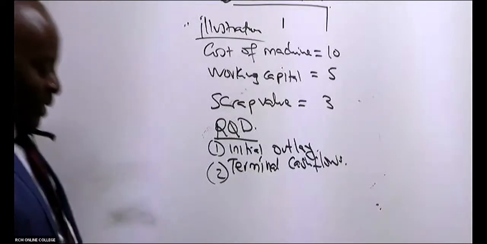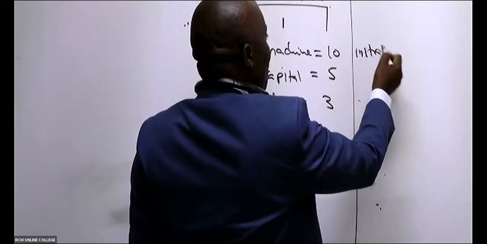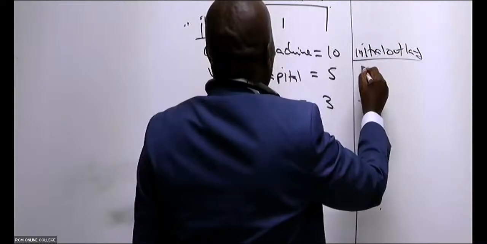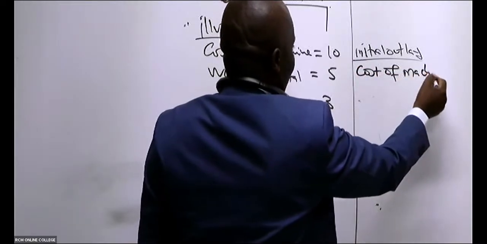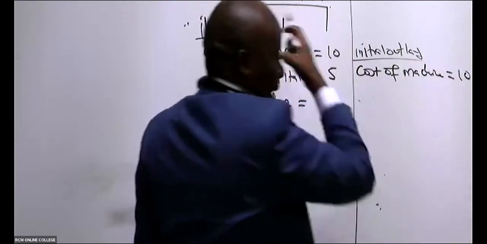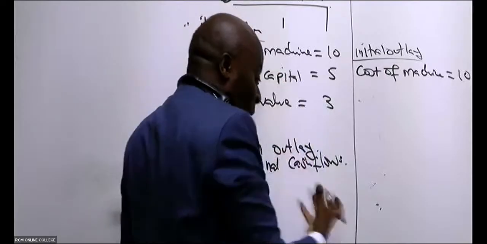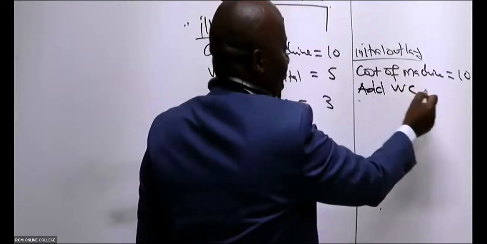So initial outlay, let me do the first one for you. In this particular case, ladies and gentlemen, it will be the cost of the machine. Of course, initially I will be required to pay 10, isn't it? And this machine cannot operate itself. You need some working capital. So in this case, you add WC.